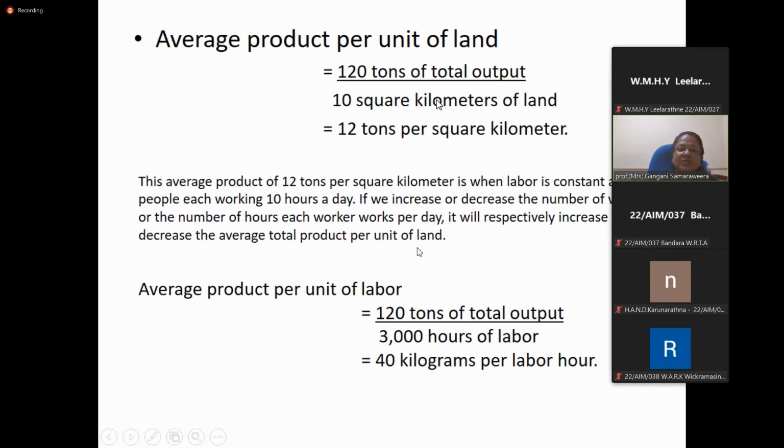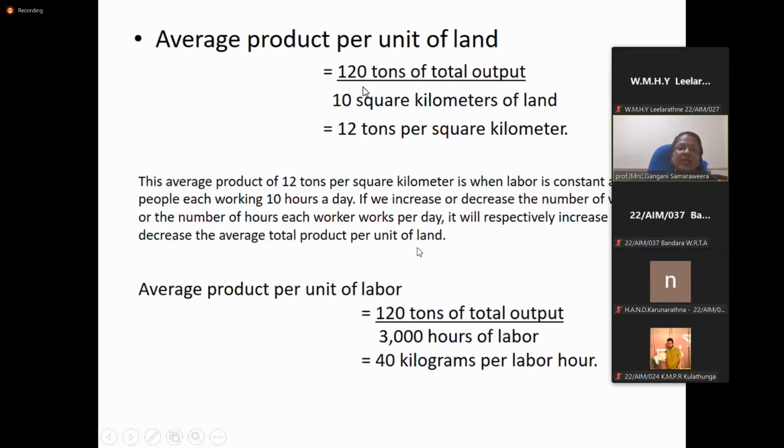Is it clear, the first one? Yes, madam. Okay, then in the same way you take the total output, and from the labor hours you can calculate the average product per unit of labor.